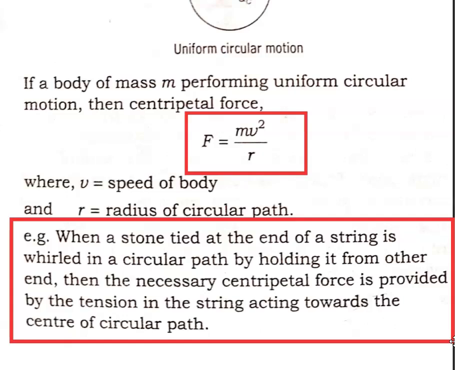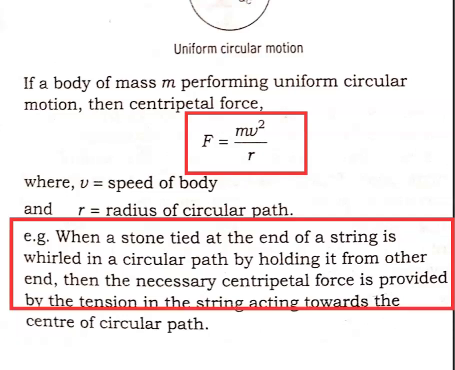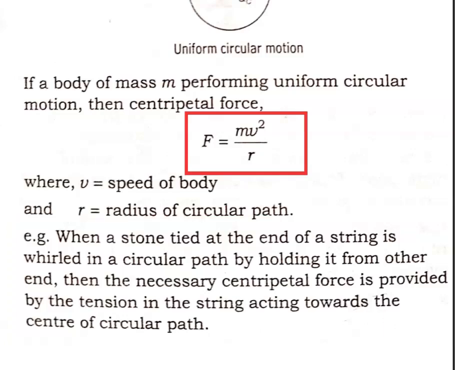So anytime you are explaining an example for centripetal force or centrifugal force, the other force that we are going to talk about, it is very necessary to mention where the centripetal force is coming from or where the centrifugal force is going and what are the directions of both the forces.